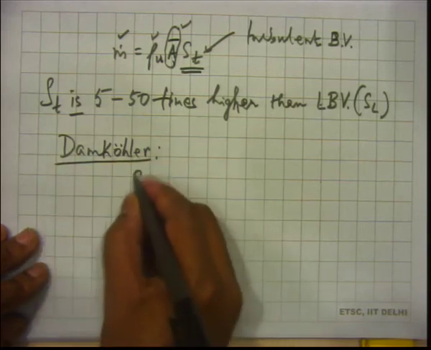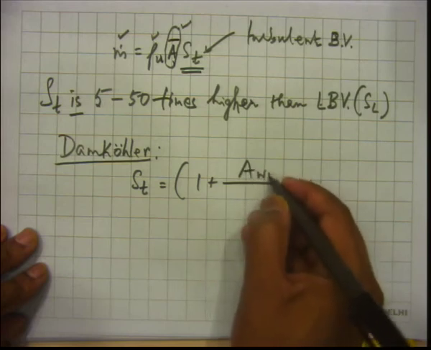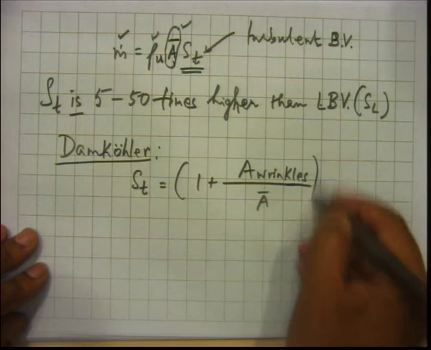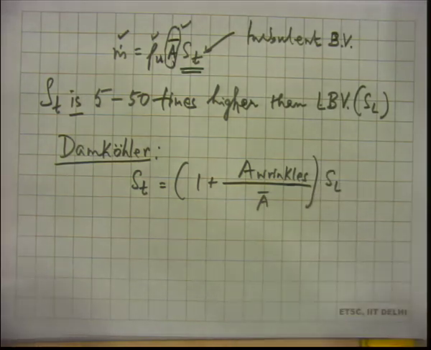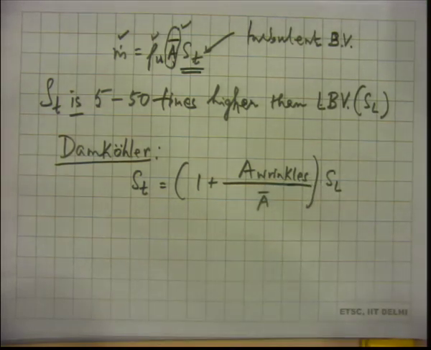So, he postulated that ST, the turbulent burning velocity, is (1 + A_wrinkles/A_bar) times SL, where A_bar is the average area and you add the area of the wrinkles to get the total flame area.